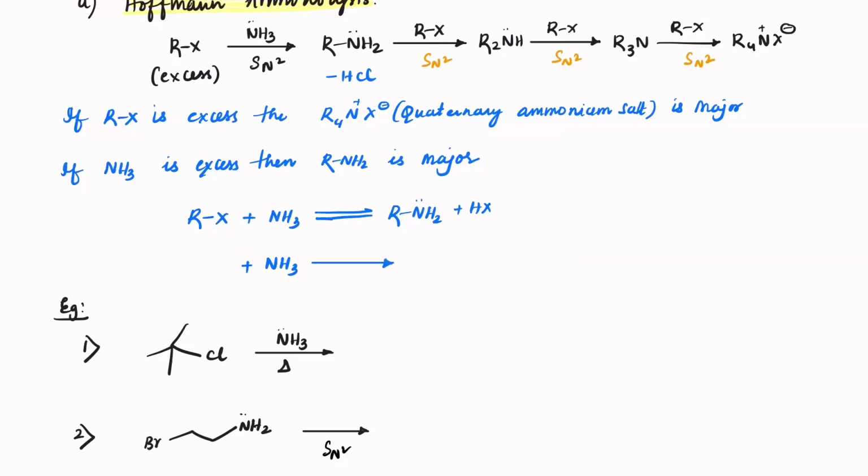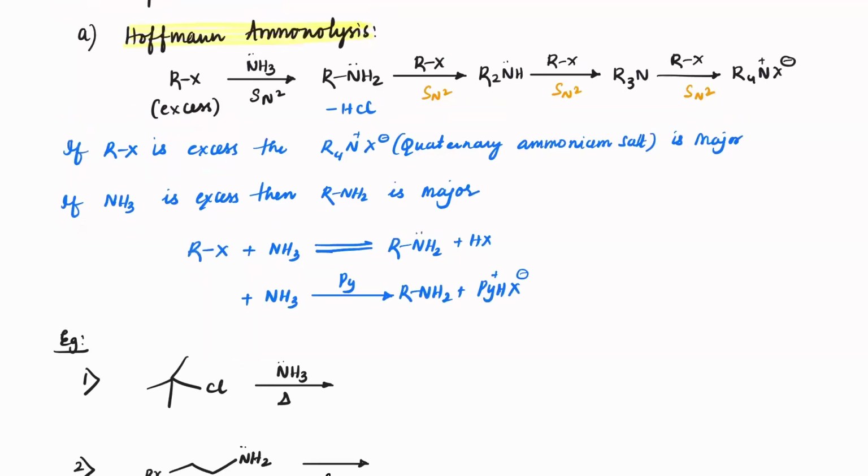Using some pyridine, we'll convert this into RNH2, and pyridinium chloride or pyridinium halide will be formed. That will avoid a backward reaction here. This is Hoffmann ammonolysis. This is how the preparation of amines can be done.